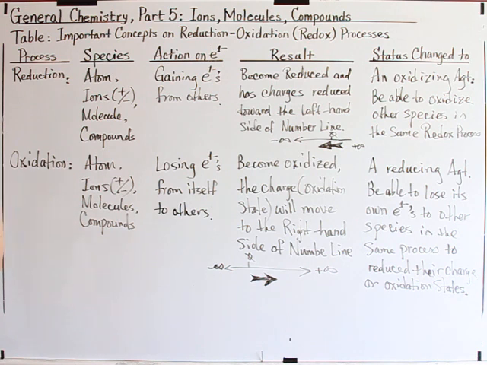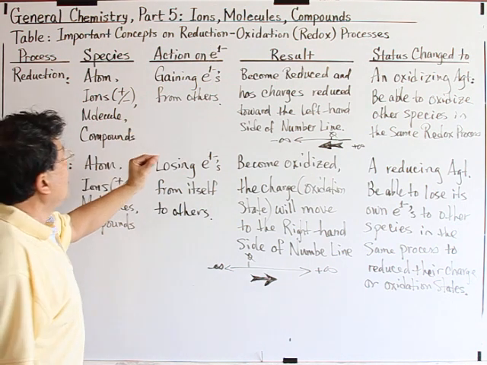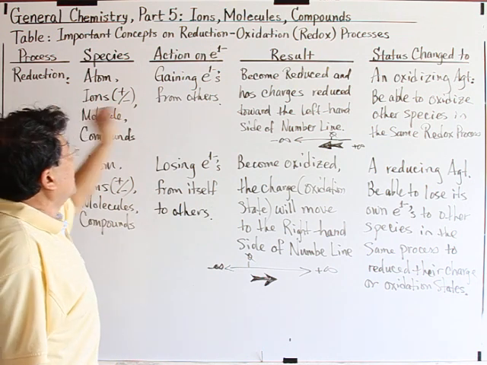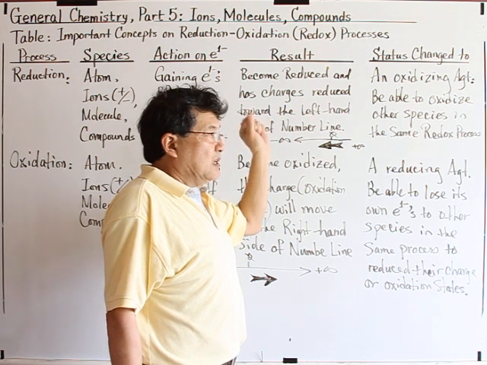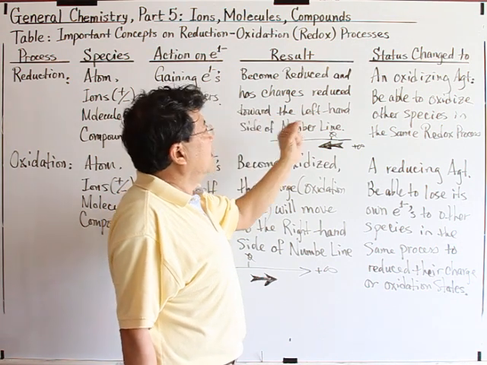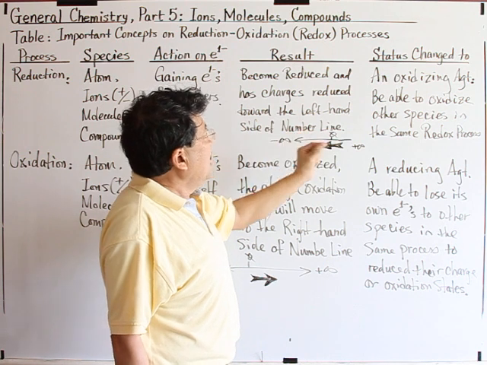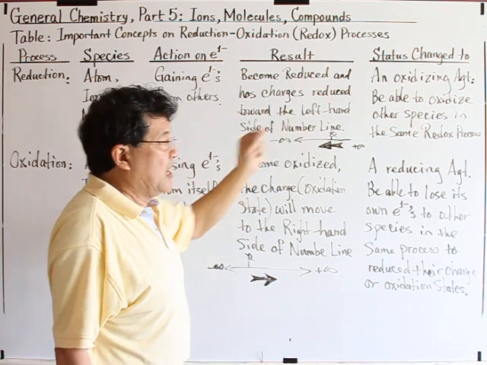So for the shorthand, we are able to say reduction is gaining electrons. Whoever goes through reduction is gaining electrons, becomes reduced, has a more negative value of the oxidation state, and itself becomes an oxidizing agent.